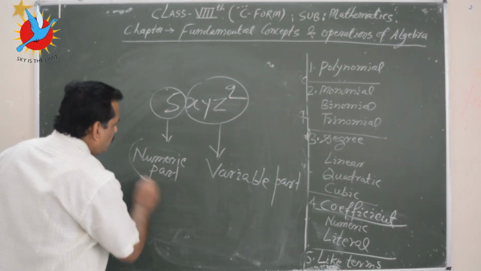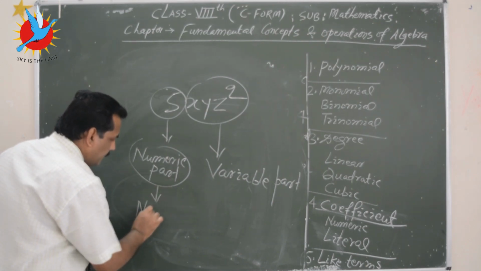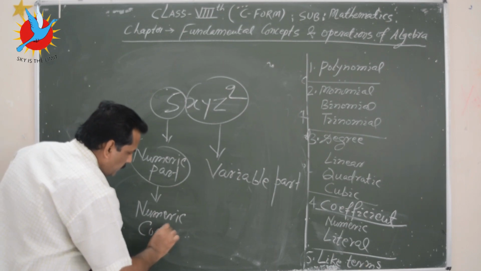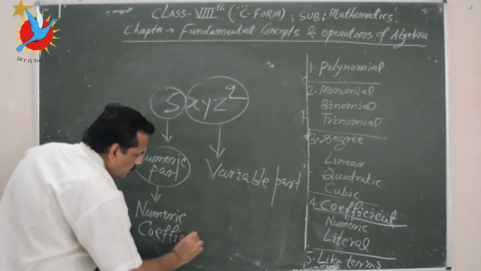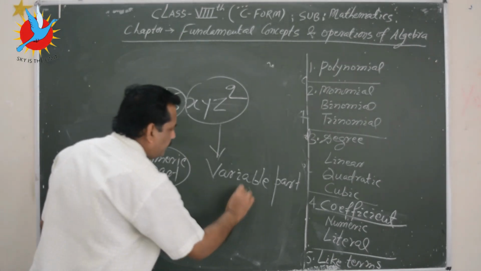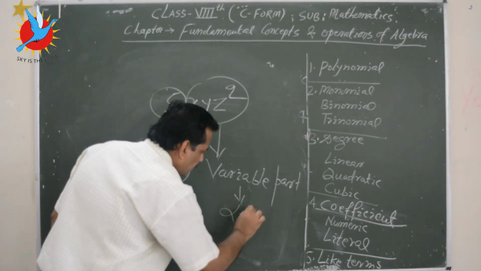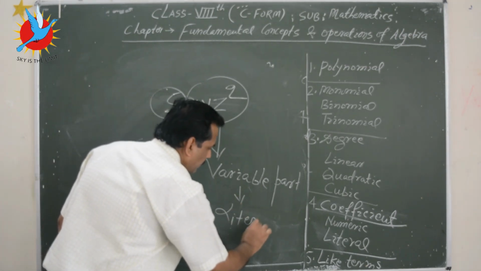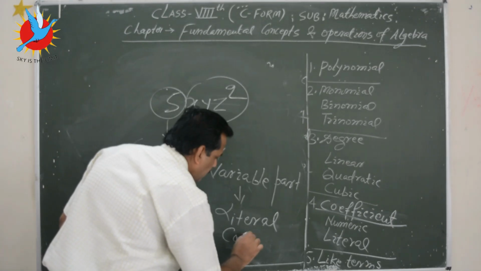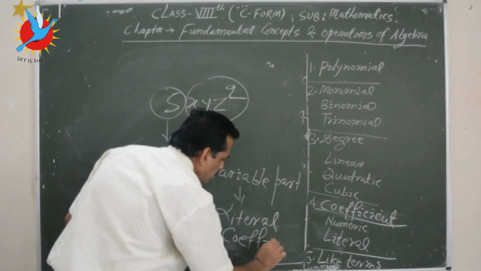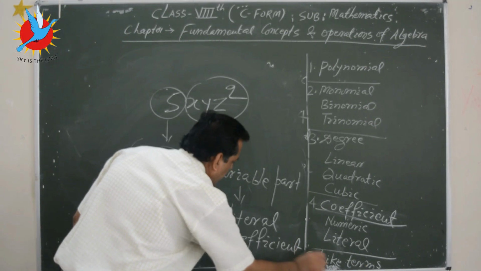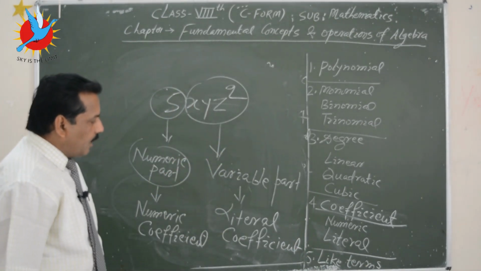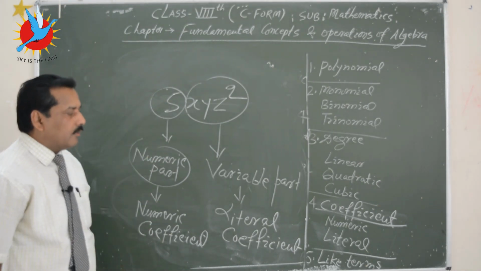This numeric part is known as the numeric coefficient. And this variable part is known as the literal coefficient. So this xyz² is the literal coefficient, and this 5 is the numeric coefficient.